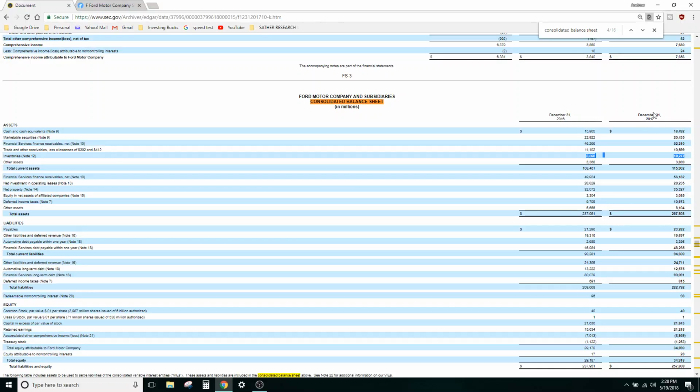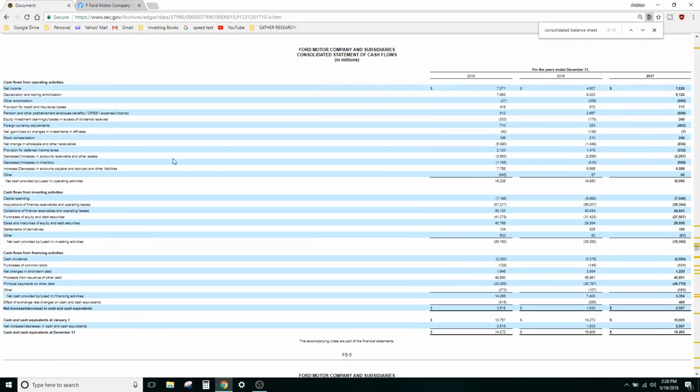So they increased their inventories by $1.4 billion, from here to here. In 2016 they spent $815 million, and they got a 1.8 increase in inventories.